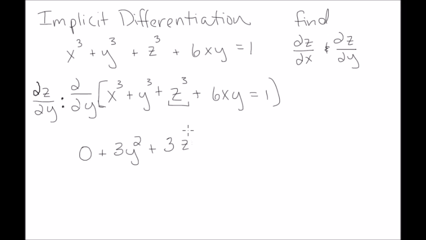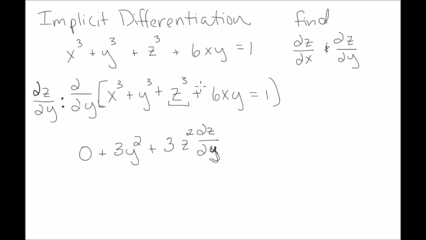I leave z squared, but I need to multiply it by the partial derivative dz dy. So I know that z is a function of y. I don't know what that function is, but that's okay. I simply write that I'm using the chain rule here, and whenever I know how z and y are related, then I would worry about it.